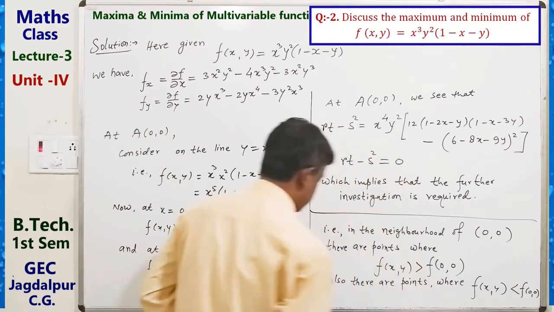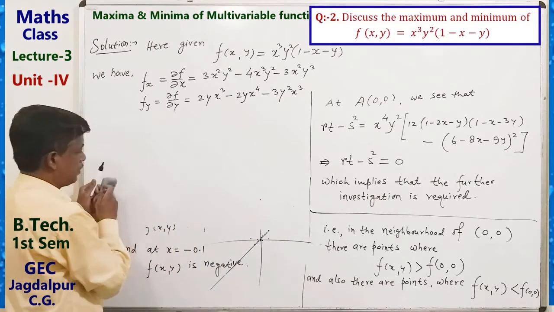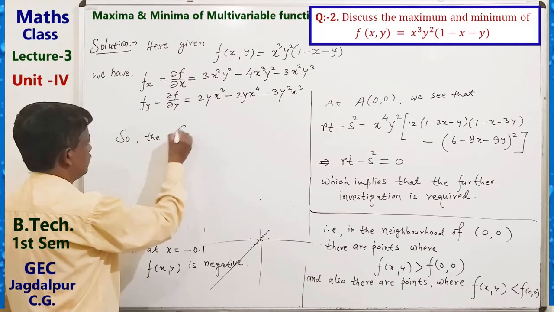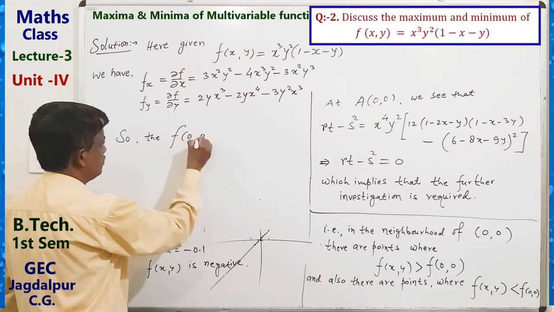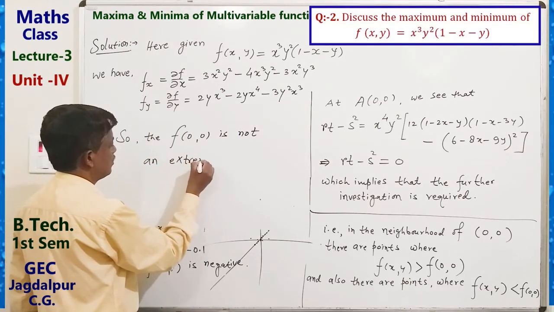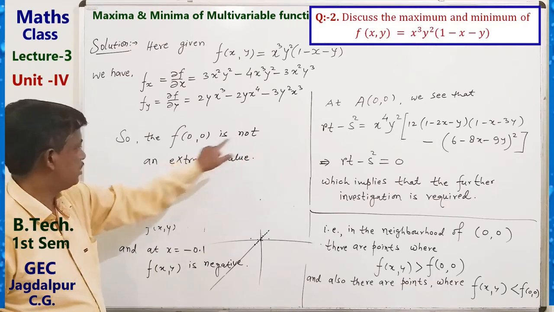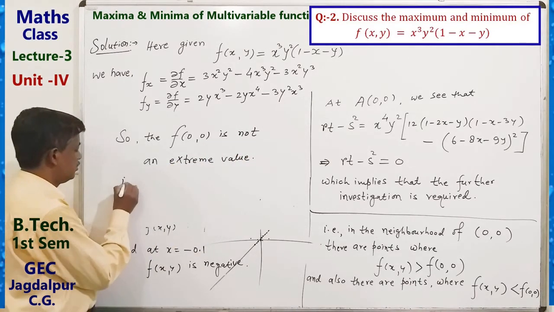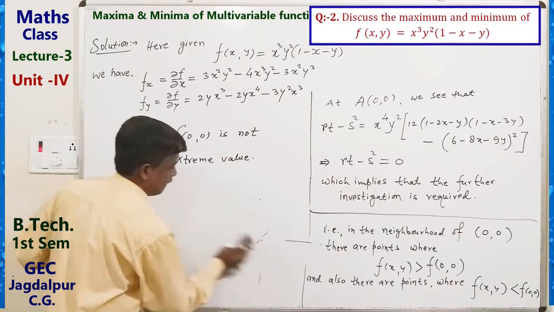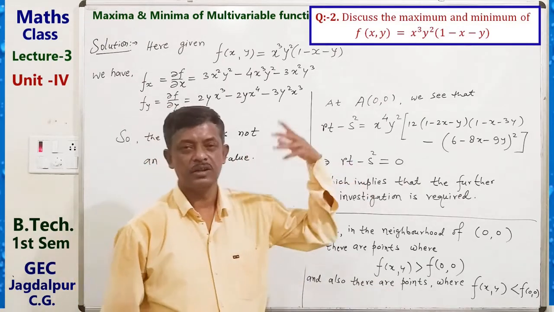So f(0, 0) is not an extreme value. Extreme value means maximum or minimum. So there are two stationary points, 0, 0 and 1 by 2, 1 by 3.